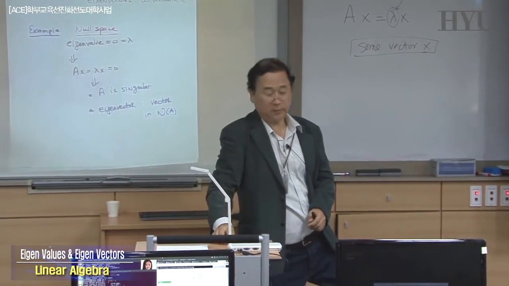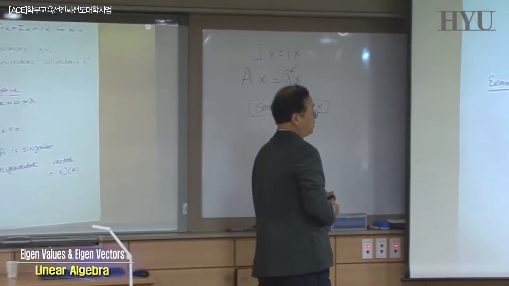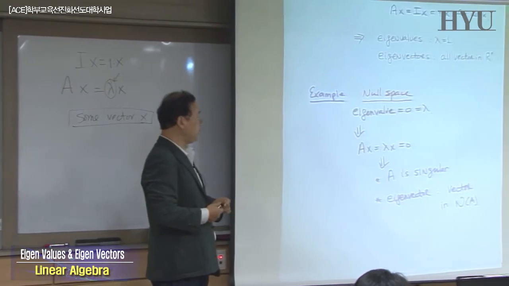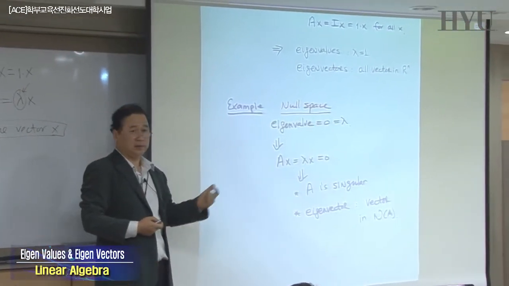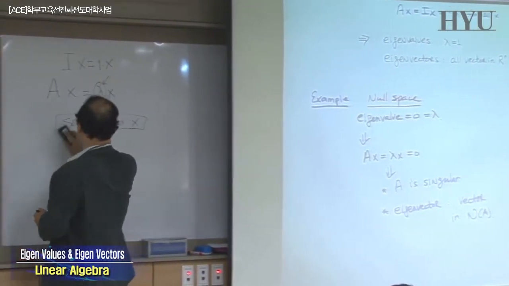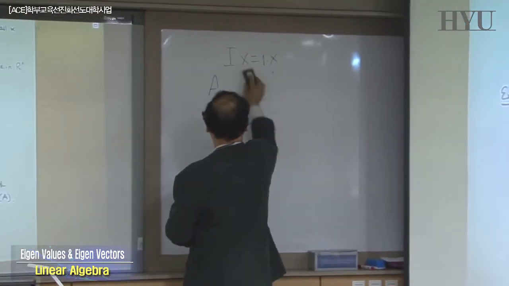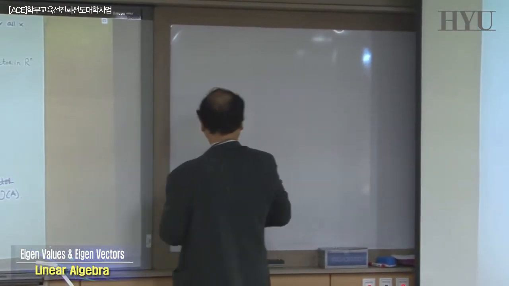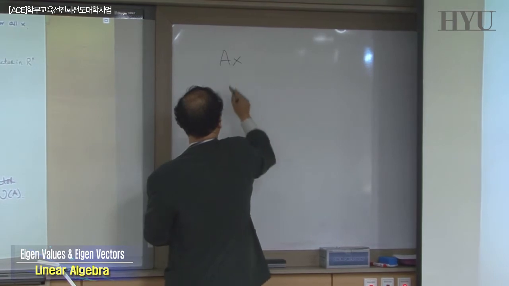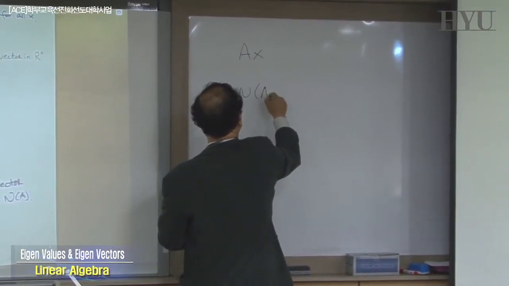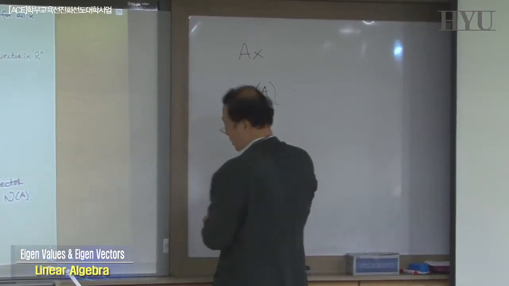This is the second example, the null space. Let's say Ax. What is a null space?